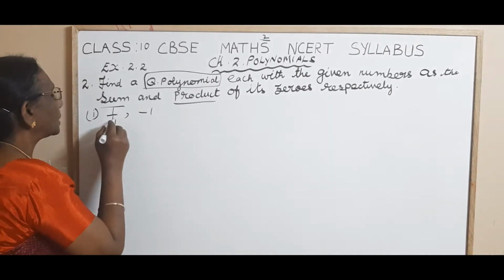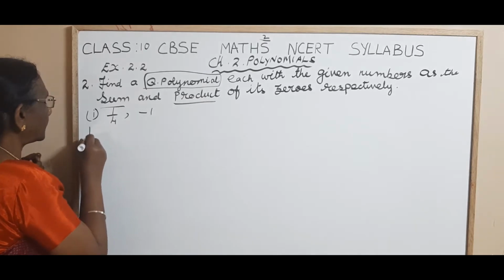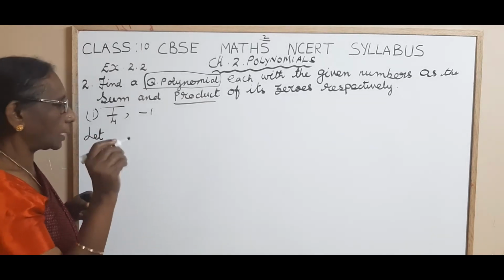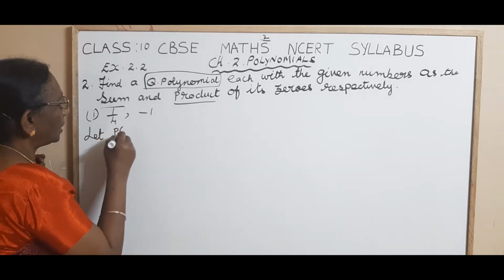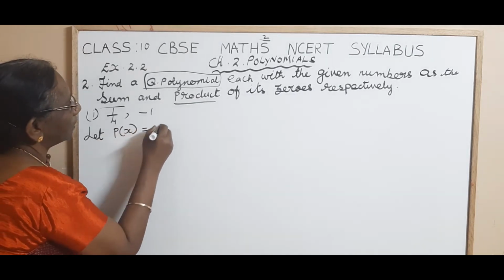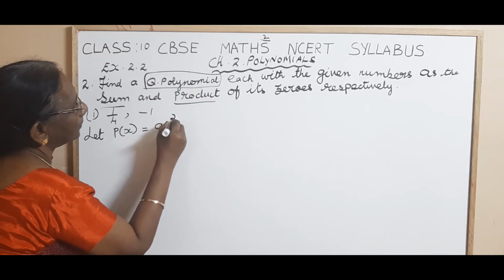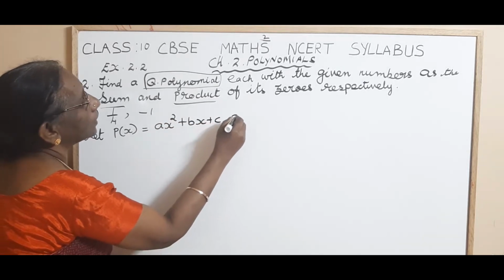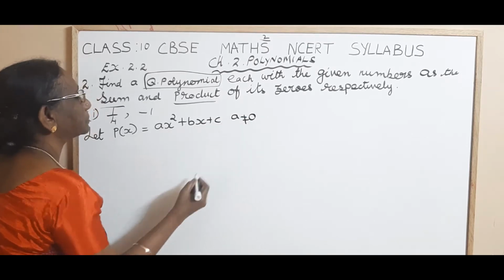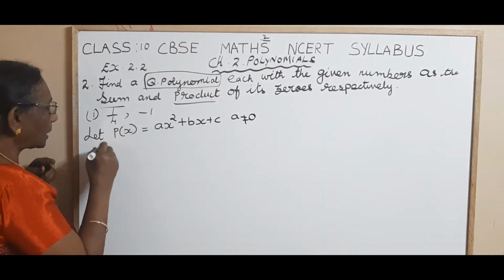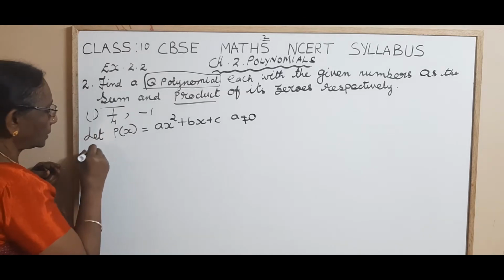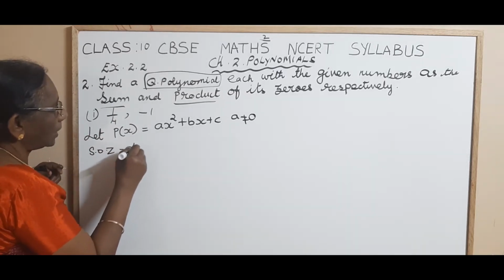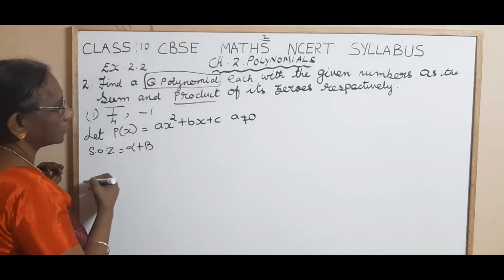Okay. So, here, first step, let's write the general form of the quadratic polynomial. Let p of x is equal to ax squared plus bx plus c, a not equal to 0. And what are given? Sum of the zeros. Sum of the zeros is what? Alpha plus beta. Okay.